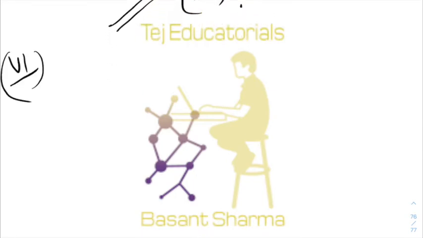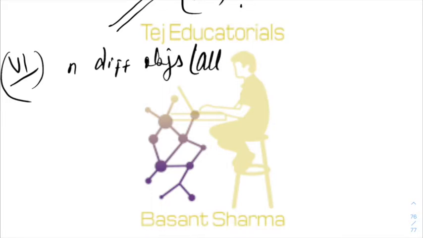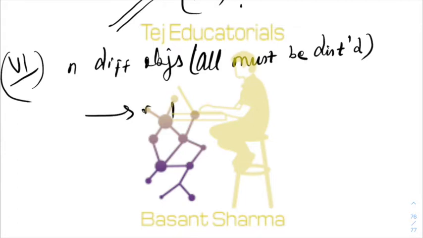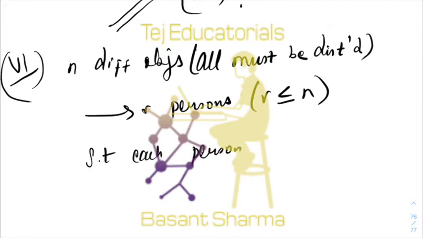Moving ahead, suppose I tell you that you are given n different objects, all must be distributed amongst r persons, where r is less than or equal to n, such that each person should get at least one object.